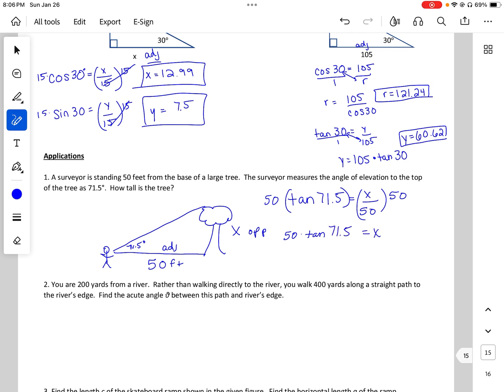Put that in the calculator: 50 tan 71.5 gives 149.43. How tall is the tree? I'm going to write it in words. The tree is 149.43 feet.